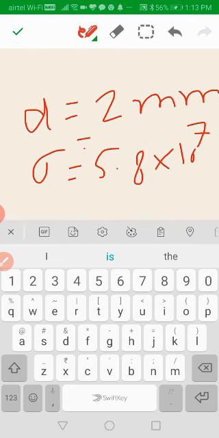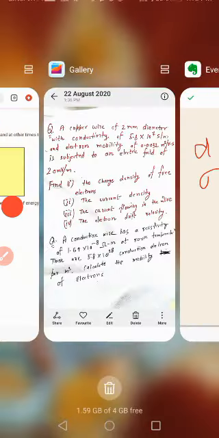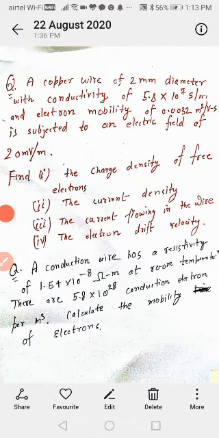The diameter is 2 into 10 raised to the power minus 3 meters, as we can change mm to meters. And next, what is given? An electron mobility of 0.0032 meter square per volt second.